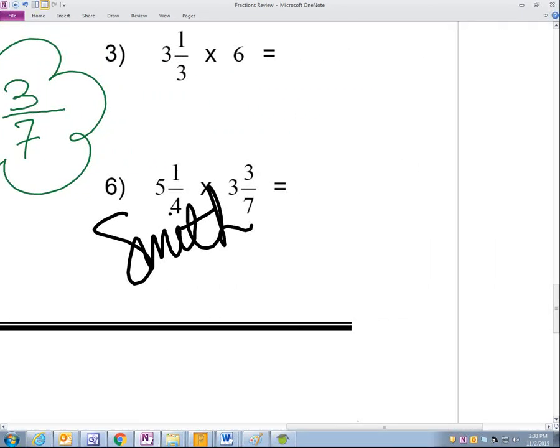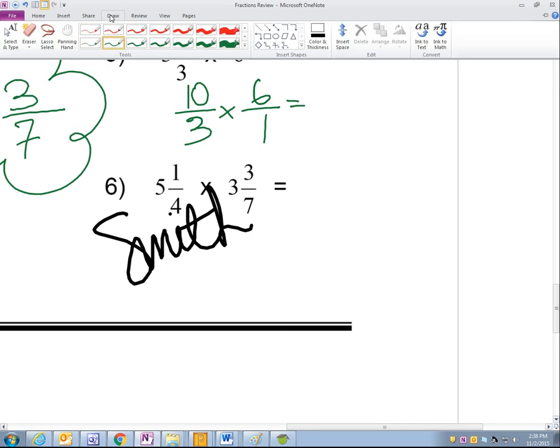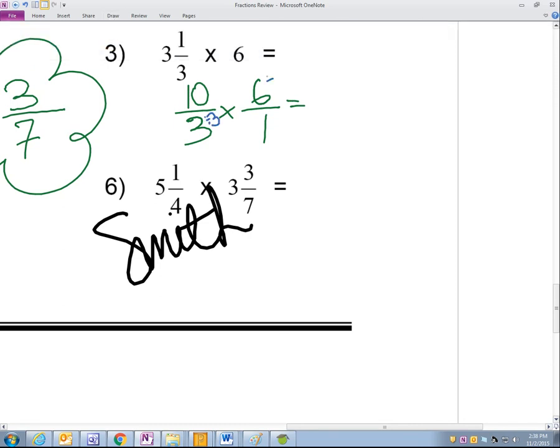Finally, number 3, we have 3 1/3. I need to make this an improper fraction. This is going to be 10/3 times 6 over 1. As it says in your instructions, you have to make whole numbers over 1, because 6 divided by 1 is 6. I can reduce this as well. This divided by 3, this divided by 3.